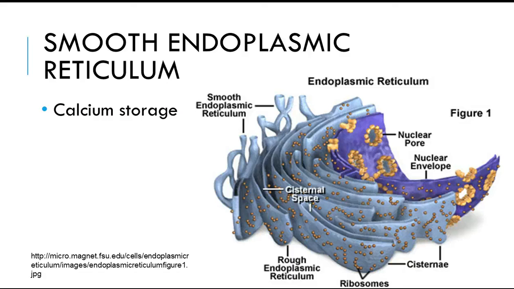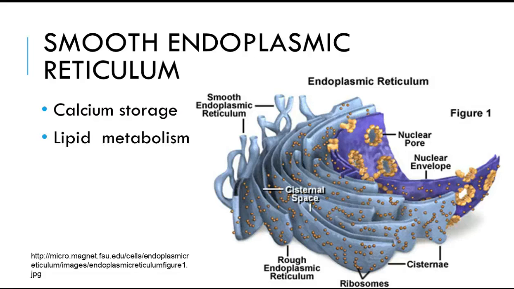So calcium ions will flow from the inside of the smooth ER to the outside, to the inside, to the outside. We'll put it to use in the muscles. So because the smooth ER has calcium channels, we can regulate calcium flux between the smooth ER and the cytoplasm.